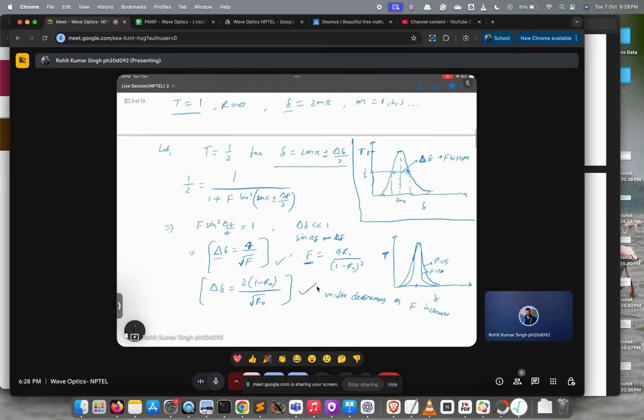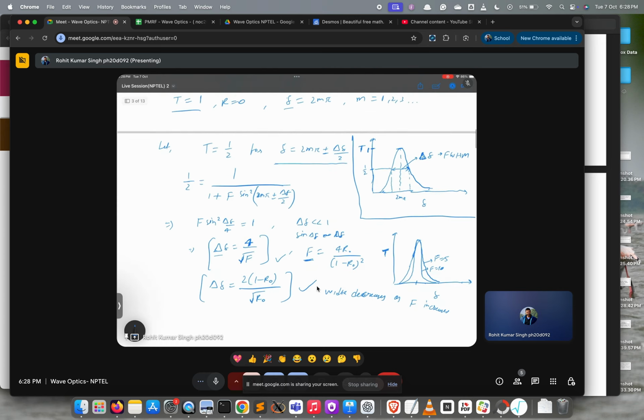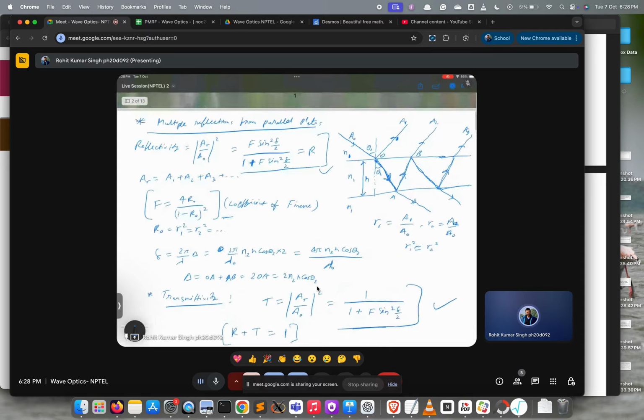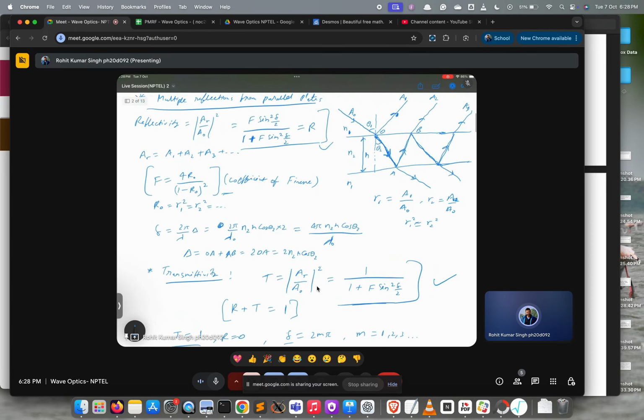Any question or any doubt? Yes, sir. I wanted to ask what is the physical significance of this reflectivity and transmittivity? Yeah, so that's what I showed here. What is reflectivity? The definition is just this: it is the square of the ratio of the amplitude of reflected and incident light.